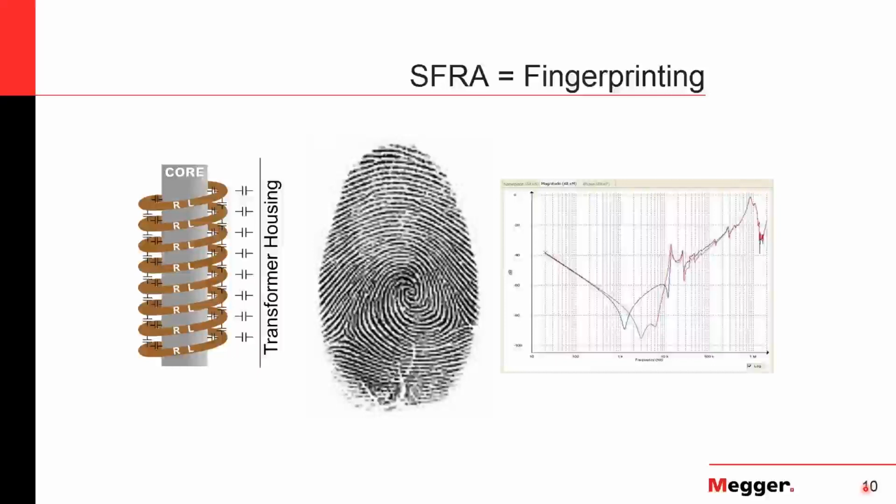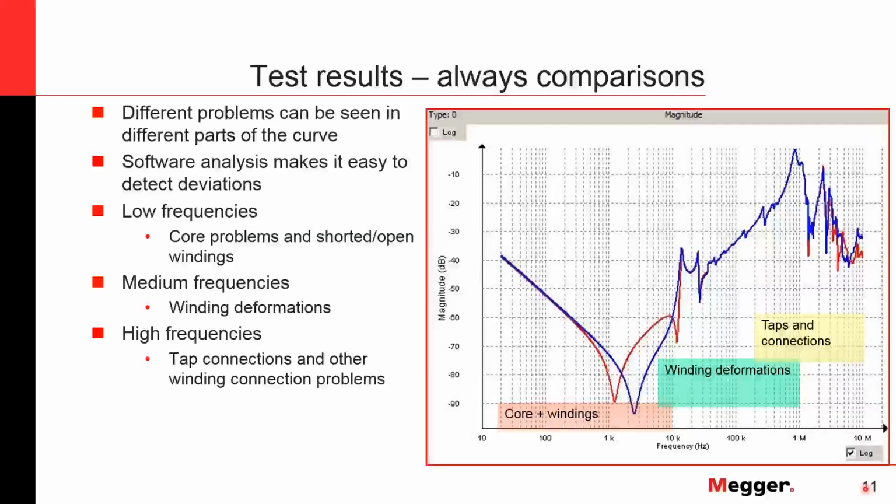And so what you do is you look at this fingerprint, and you want to get a nice clear fingerprint on commissioning, and then later on, if something happens, you run this test again and compare it and see, okay, does this new test that we did line up with our previous test? And if they do, that's great. If not, then you need to do some further investigation. And depending on where it's different, it's going to point to what's going wrong inside the transformer.